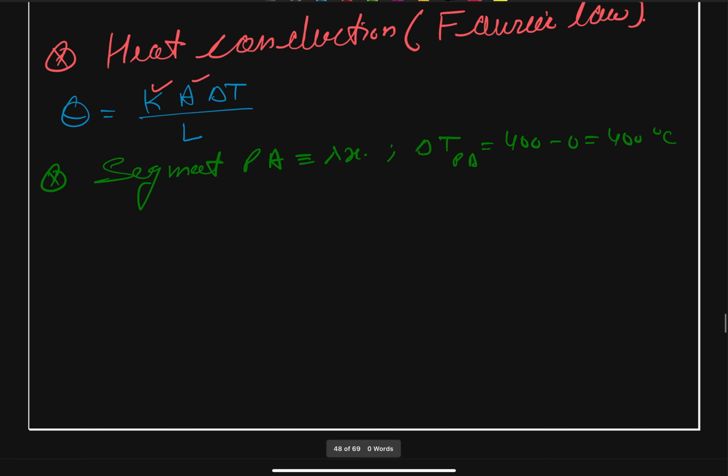Therefore we can say that our heat flow, Q PA, will be equal to KA multiplied by 400, and the length is lambda x.